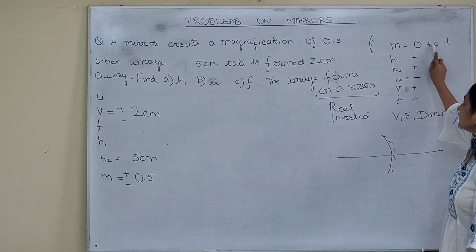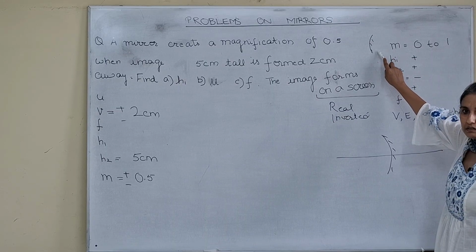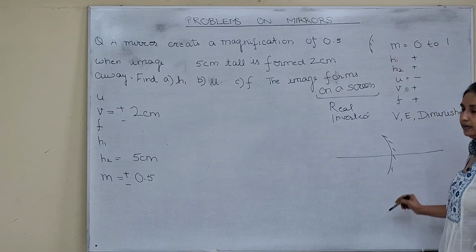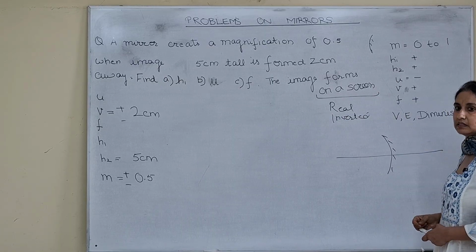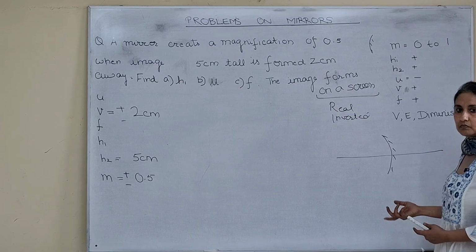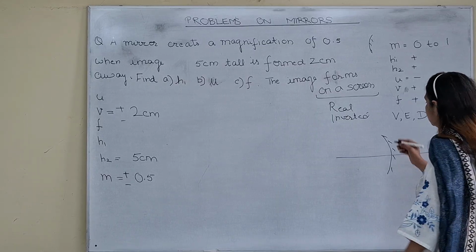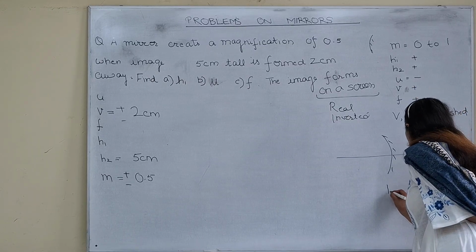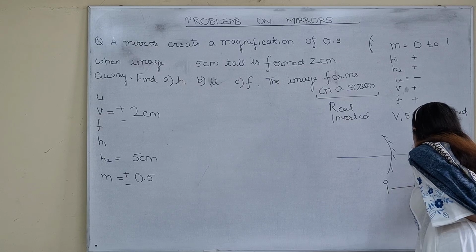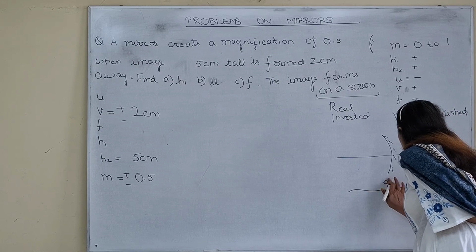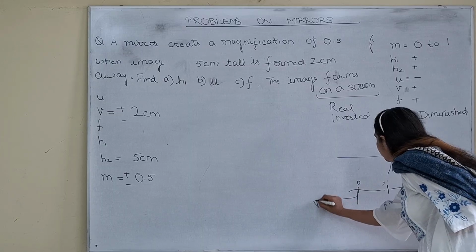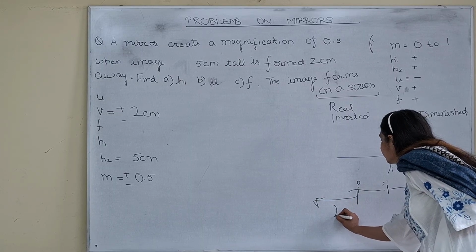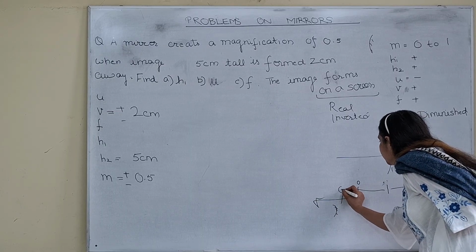Now अगर lies here है तो ये तो convex mirror हो जाएगा और हमें मिला है concave mirror. फिर क्या करें? और अगर हम -0.5 रख देते हैं इसको तो उसकी तो रीजन है. अगर ये मैग्निफिकेशन है, so this side belongs to concave mirror and 0.5 will be here.